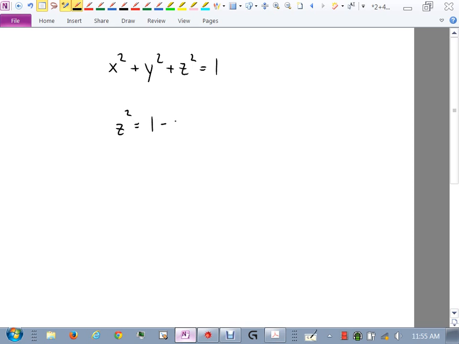Move everything over to one side, that's a minus. But I don't have z by itself yet, right? I need to do square root. And whenever you do square root, you must include plus or minus, don't you? Plus or minus? Can this be written where z is some function of x and y?